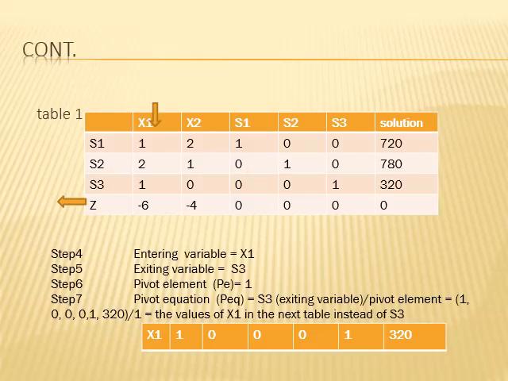Okay, this is what you call the primal table, or essential table, or table number 1, referring to the standard form of constraints. So this table will be designed.